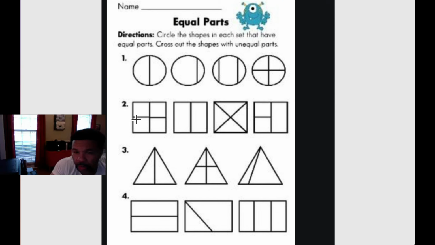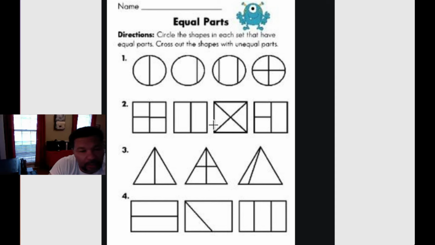This one's a little tricky. Take a look at this one. Now take a look at this one. Take a look at this one. So which one or ones can we cross out because they're unequal in terms of parts?